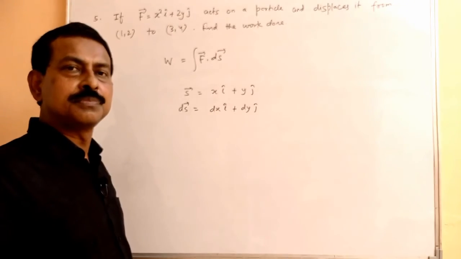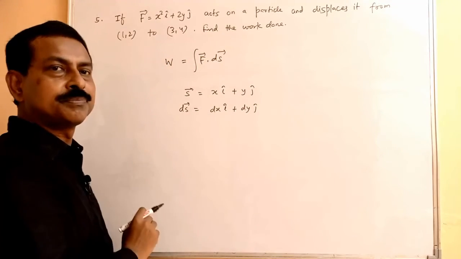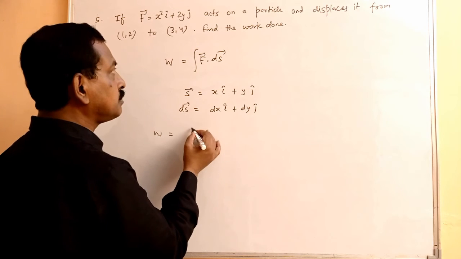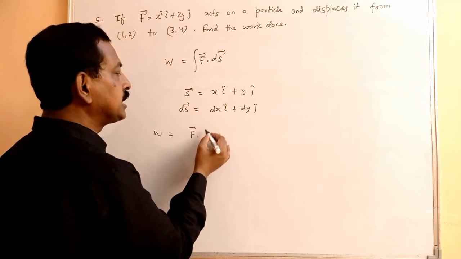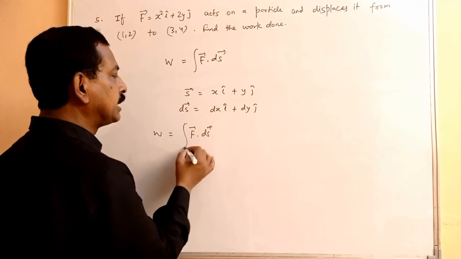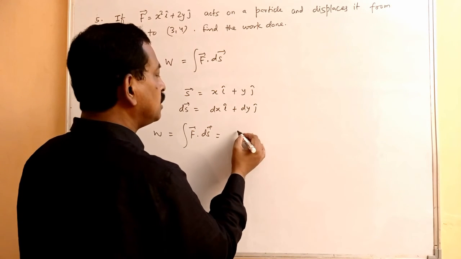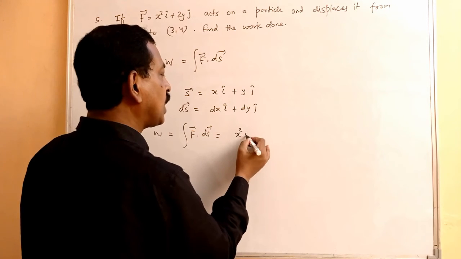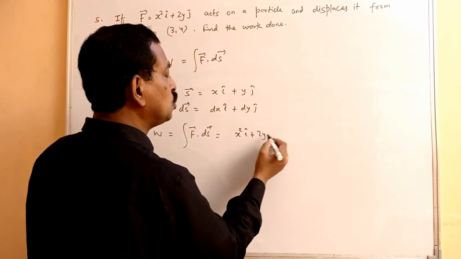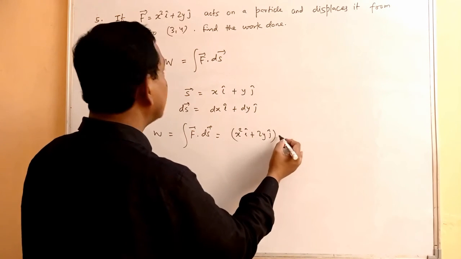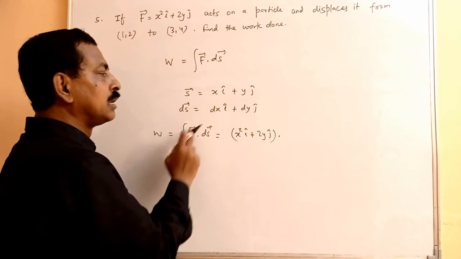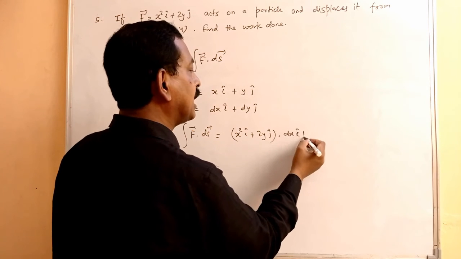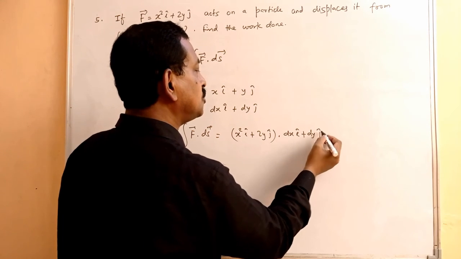Now you take help of this. Here work done will be the integral of F dot ds, and this will be x square i cap plus 2y j cap, dot, dx i cap plus dy j cap.